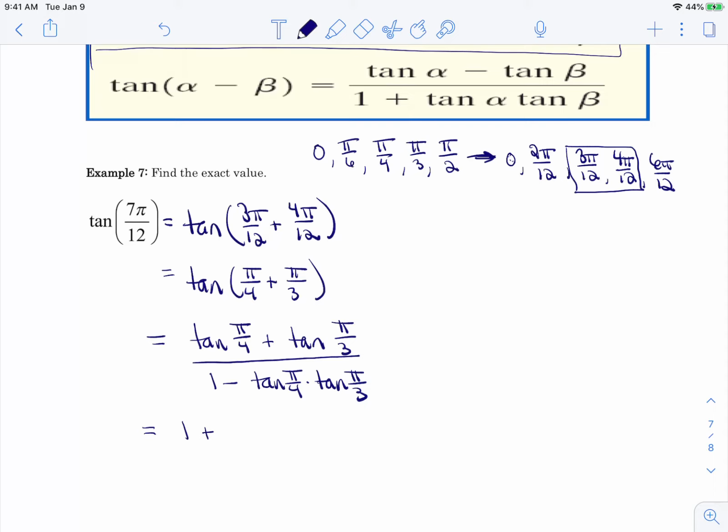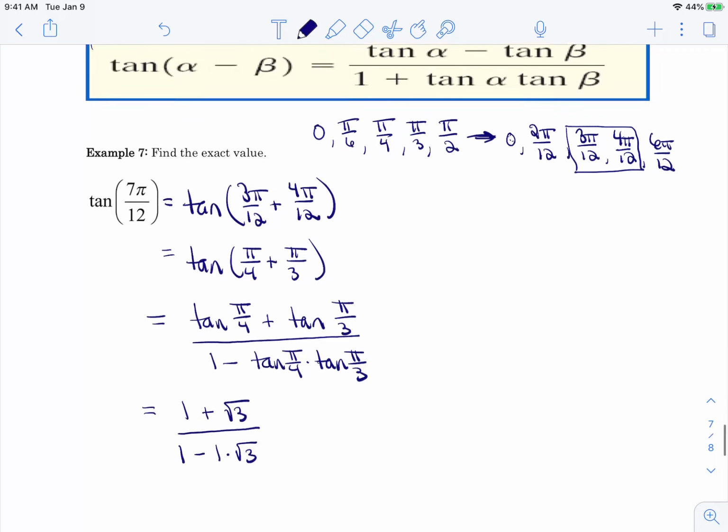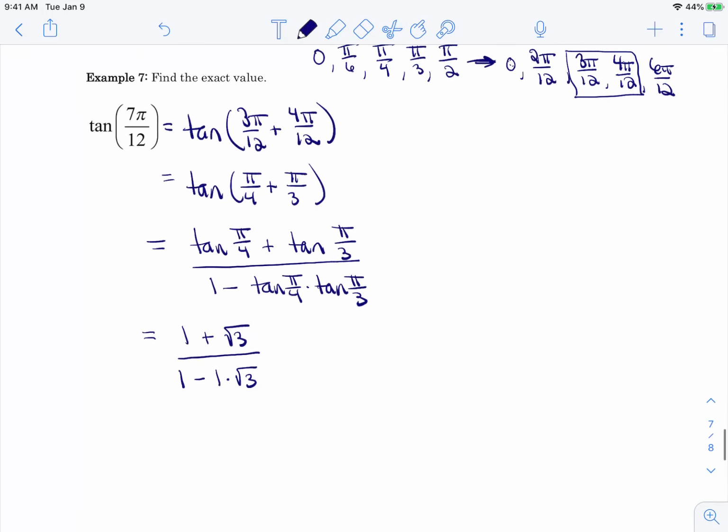So I look at pi over 3 on my unit circle. Oh, okay, I'm going to get root 3. Then I get 1 minus, well, tangent of pi over 4 we found out is 1. And then we get tangent of pi over 3, which is root 3. All right, so now I have 1 plus root 3 over 1 minus root 3.